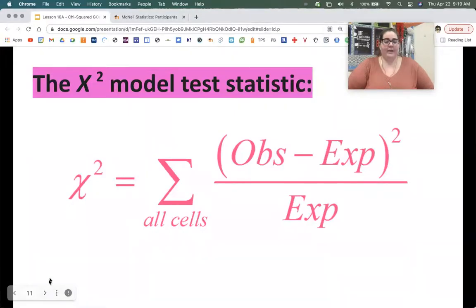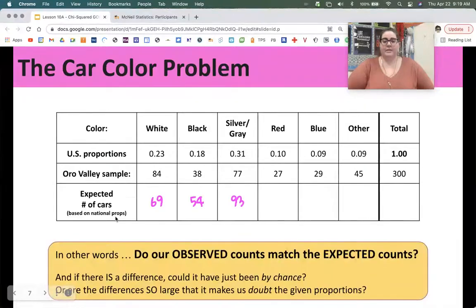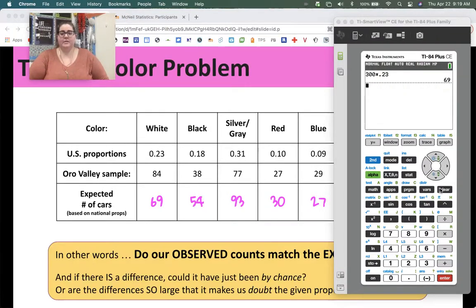So if I go back again to my table, the way that I would calculate my chi-squared statistic, if I were going to do this by hand, is I would do parentheses. I'm going to start with my white car category. I'm going to do observed, which was 84. That's what actually happened in the sample, minus expected, 69. I'm going to square that difference, and then I'm going to divide by expected.